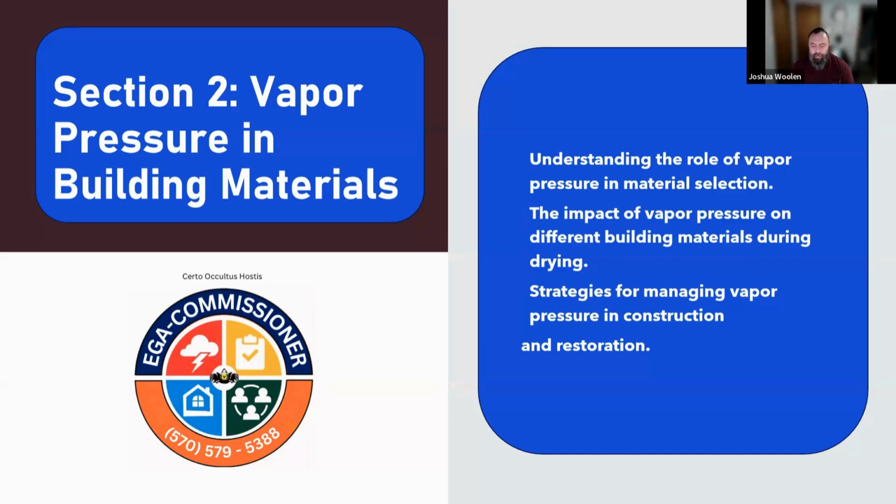Most of the time, secondary damages are due to wood deviations where they could be cupped or buckled or shrunk and stuff like that. Or they can be mold, right? So those are our common secondary issues that we have to be concerned about.